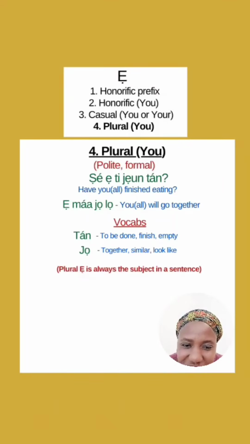Can you please show the difference between plural and just one person with a sentence? Oh, okay. So if you're talking to one person and the person is younger than you, you would say ṣé o. In that sense, you would use o, okay? Rather than you use ẹ. But if you're talking to an older person, whether the person is one person or two, it is ẹ.